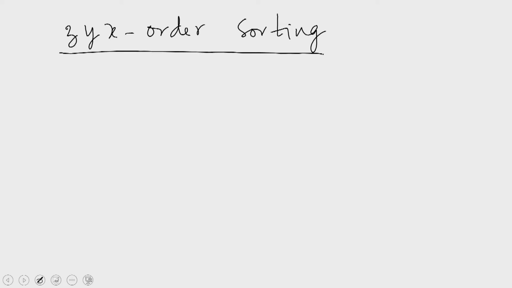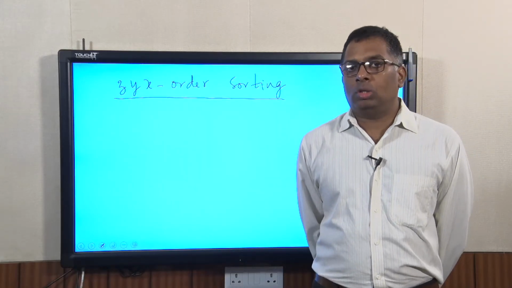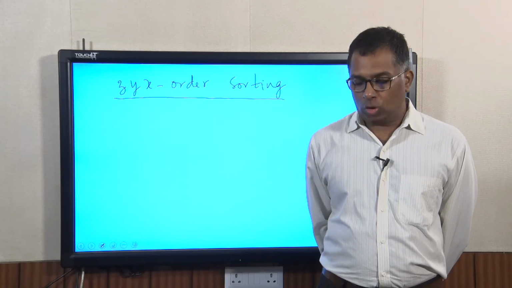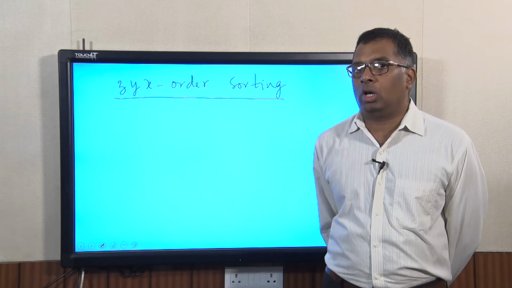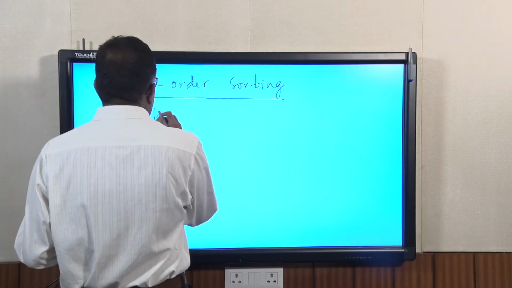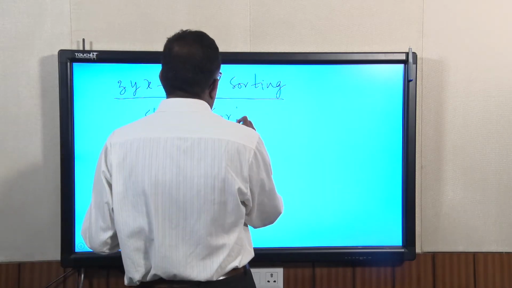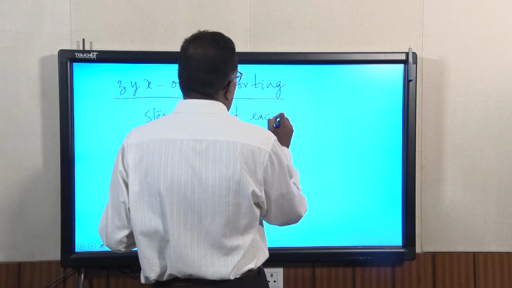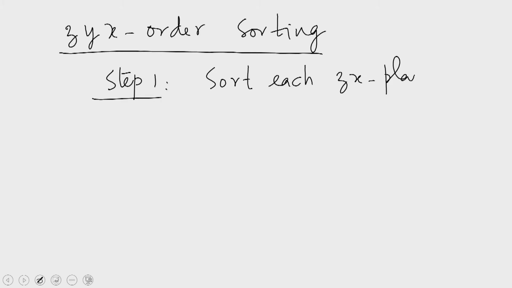So the algorithm proceeds in this fashion. As I describe the algorithm, I will also explain the algorithm using an instance of zeros and ones. If the algorithm works correctly on a binary sequence, it should work correctly on any sequence. So in step 1 of the algorithm, what we do is, we sort each zx plane into the zx order.